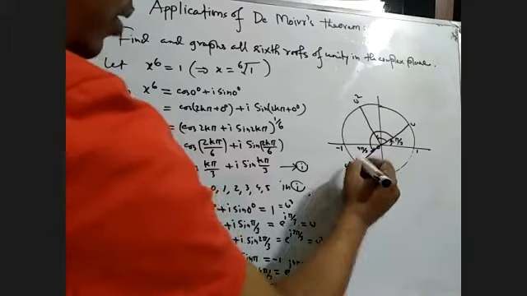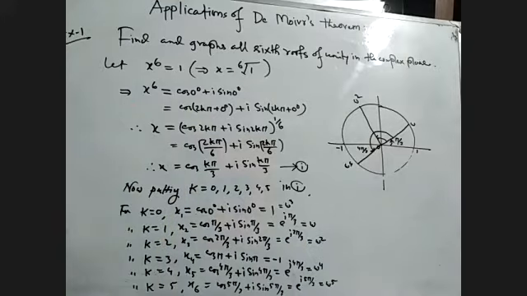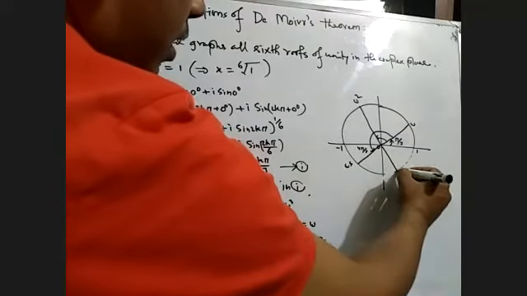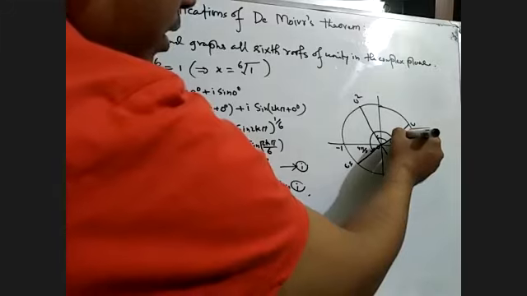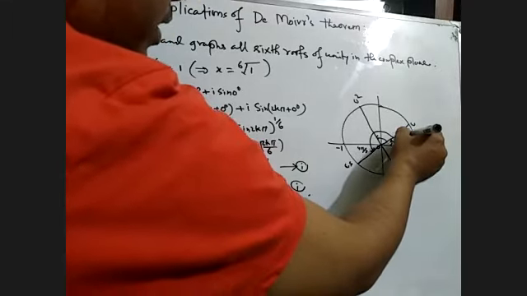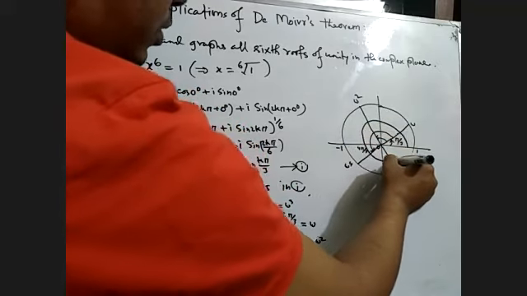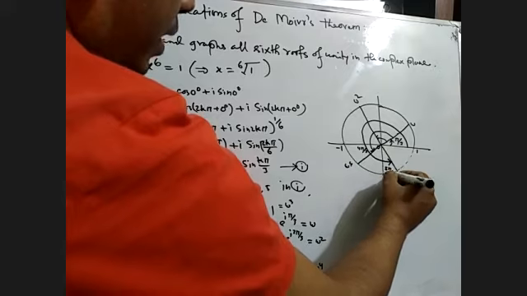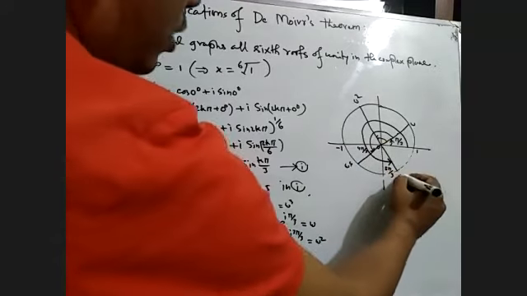This is the omega to the power 4. 300 degree. Okay, 300 degree means here 300 degree. That means from here, if you want to draw from here, this will be how many degree? 300 degree. Okay, 5 pi by 3. This is the omega to the power 5.